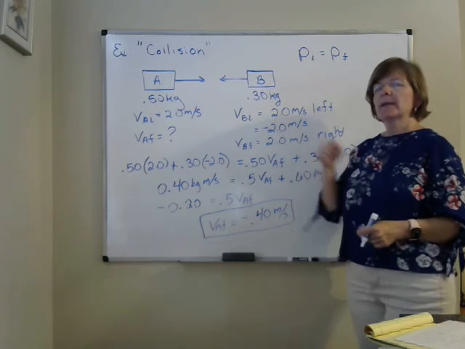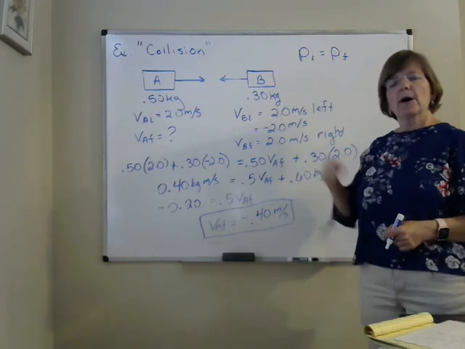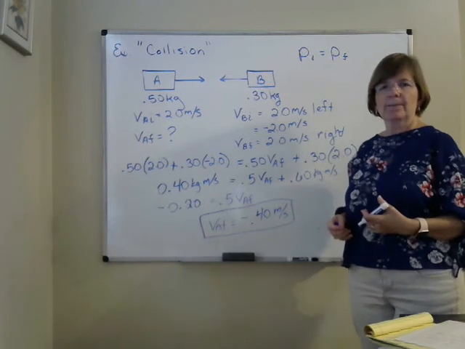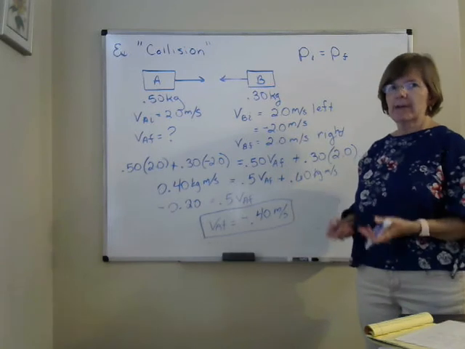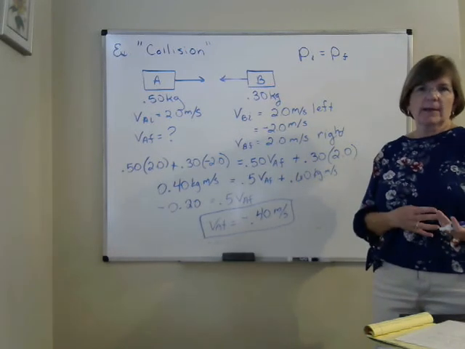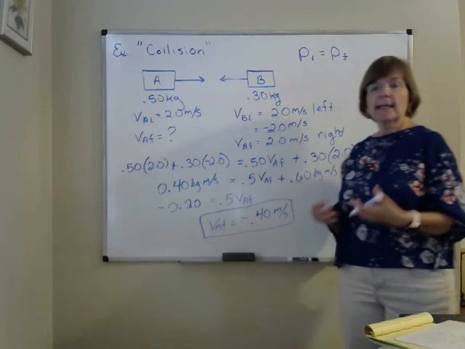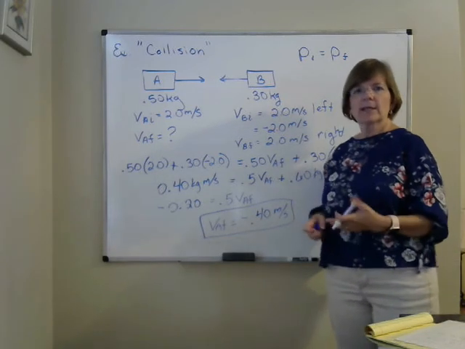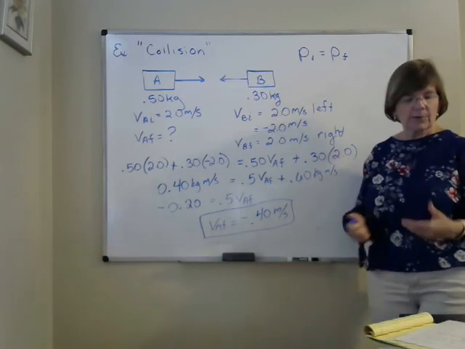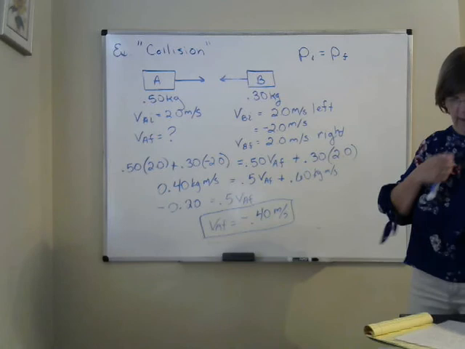If you go from negative 0.6 to positive 0.6, that's a gain of 1.2. So glider A lost 1.2 kilogram meters per second of momentum, but glider B gained 1.2 kilogram meters per second. All makes perfect sense if we're thinking conservation of momentum.